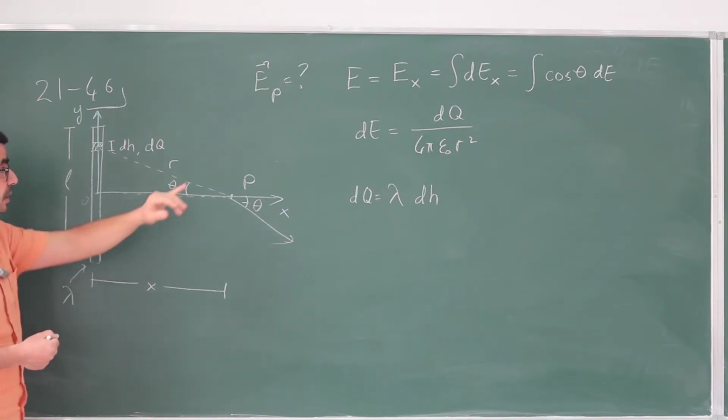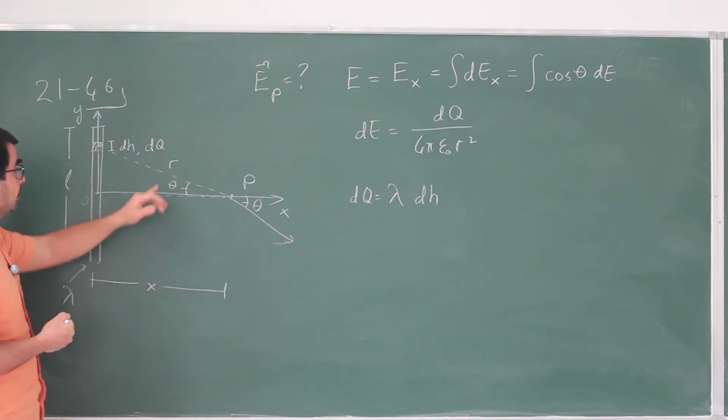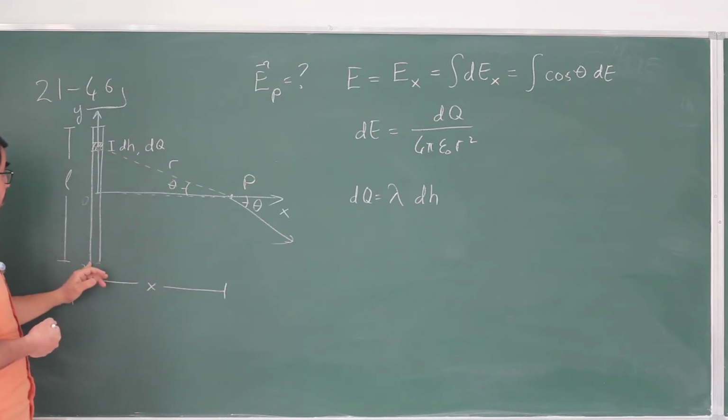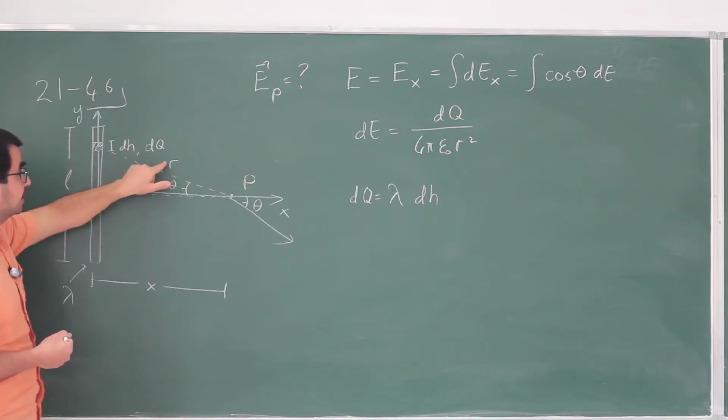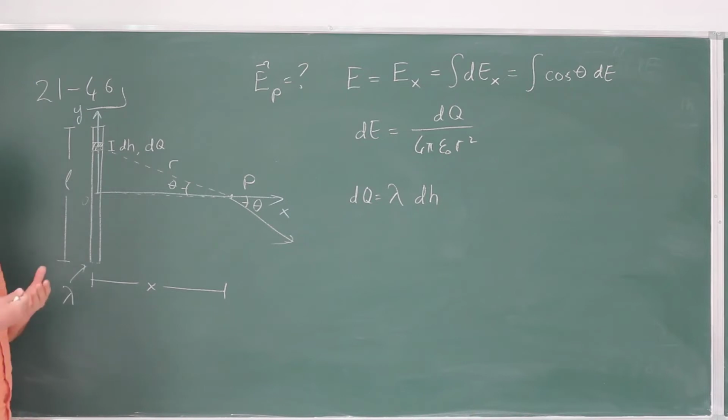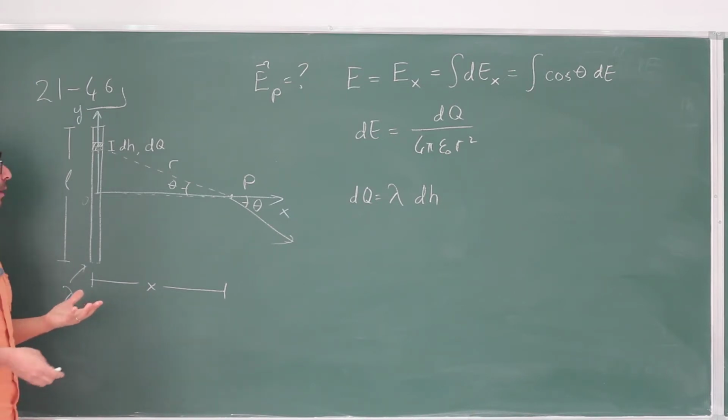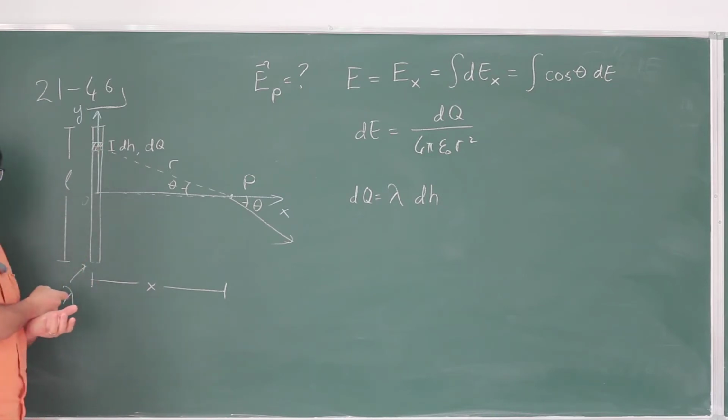So first of all, let's look at this r. Now what would r be? As I move along, I'm looking at this one little element. So how can I express this r in terms of where I am on the rod? Well, by the coordinate of this little point.